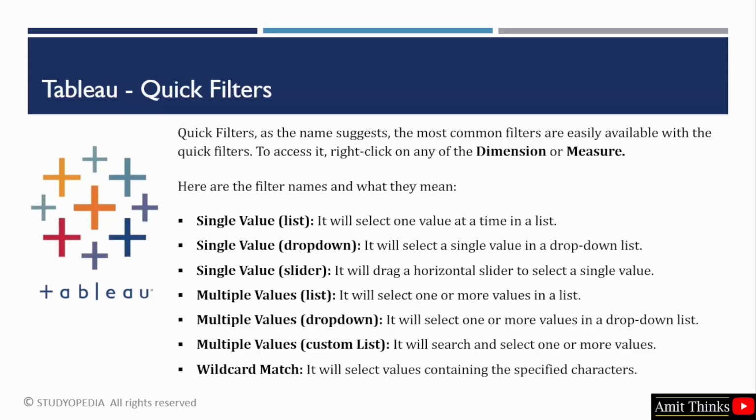You also have the same options for multiple values, that is selecting one or more values from a list, drop down or a custom list. You can also work with the wildcard match in filter, that is selecting values containing specific characters. Let's say you want only the subcategories with name starting with A or with name ending with K. We can achieve all these using the quick filters in Tableau.